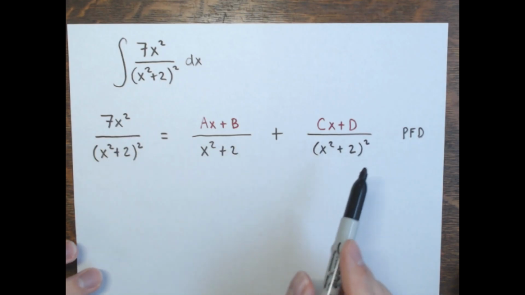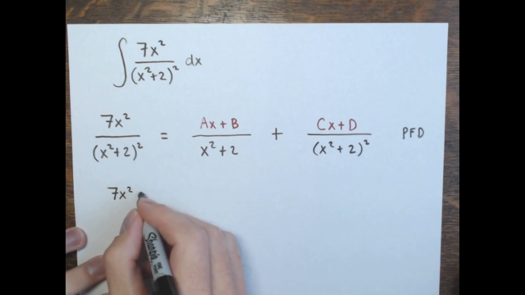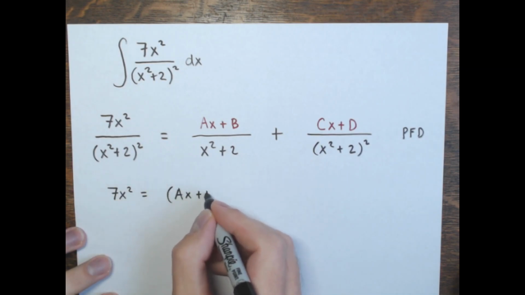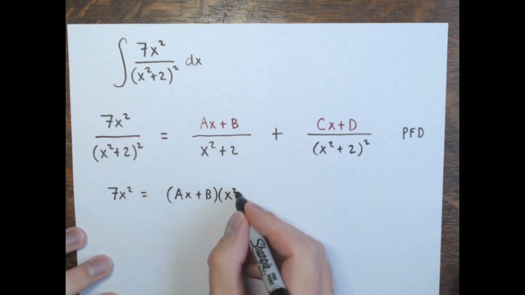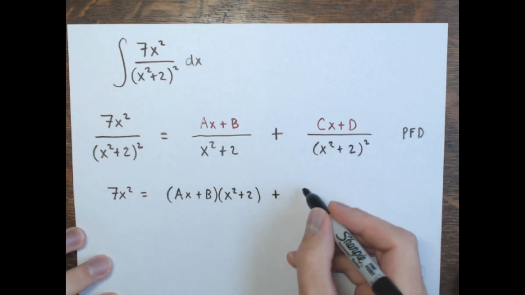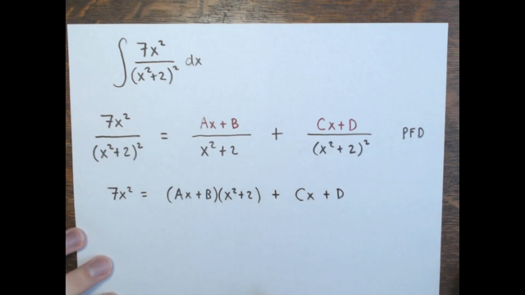I multiply through by the denominator, so we got 7x squared again over here. This first fraction, I have ax plus b times just one of the factors of x squared plus 2, plus cx plus d again, because both of those would cancel.